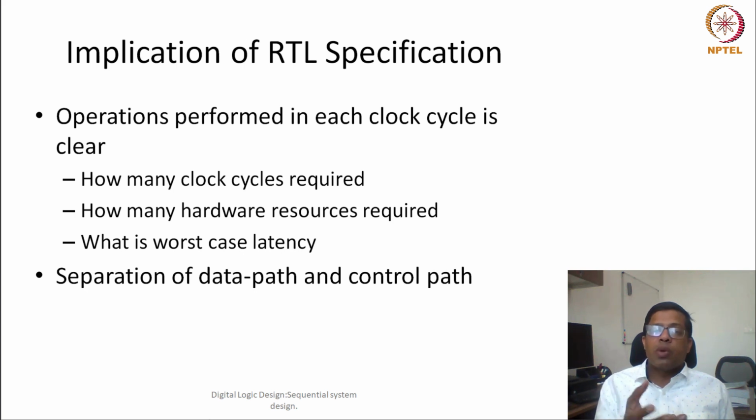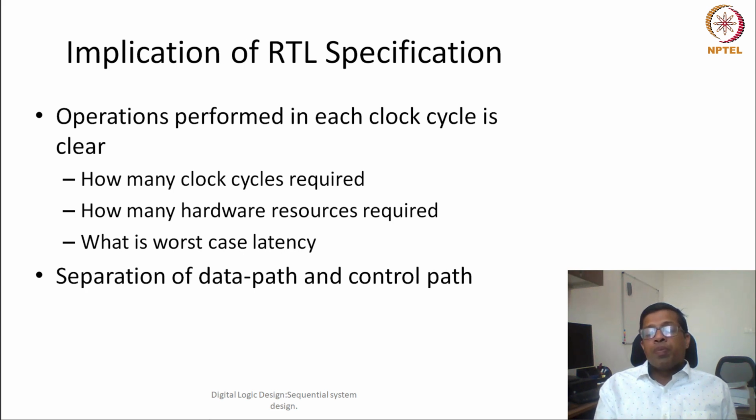Sometimes the number of cycles depends on the data, on what the values are in those particular registers. But if those values are known, then the overall number of clock cycles can be computed.